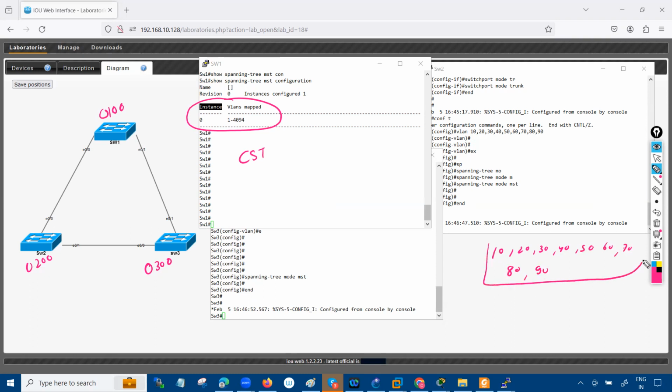If you see this right now, all the VLANs, whatever VLAN range you have, are converted into a single instance. And that's how CST works. CST is the common spanning tree protocol. Common means for all the VLANs you have a single algorithm.